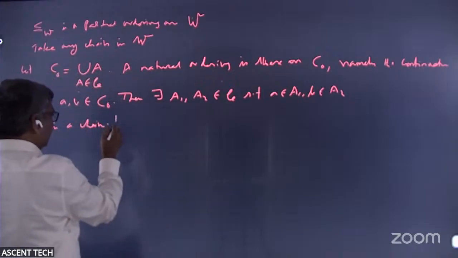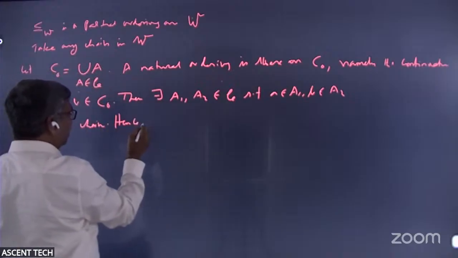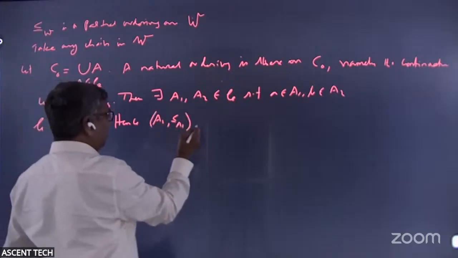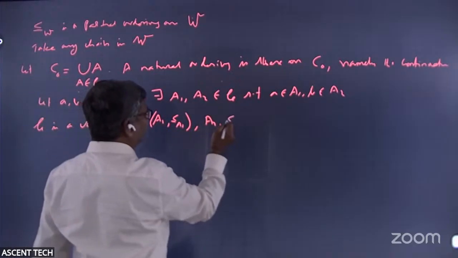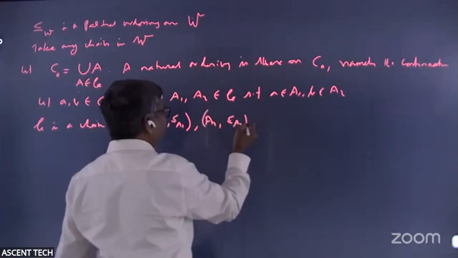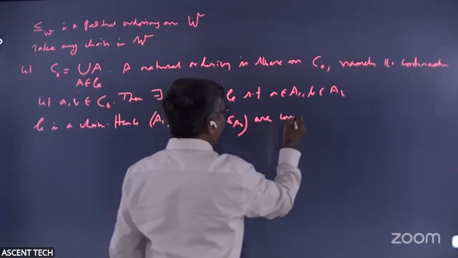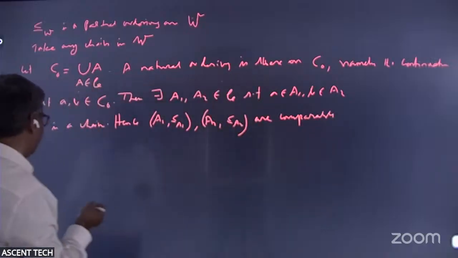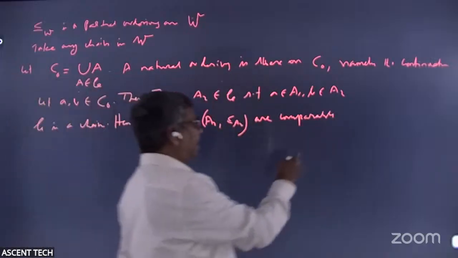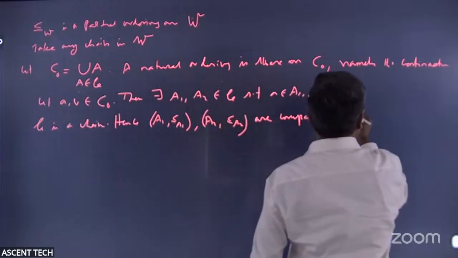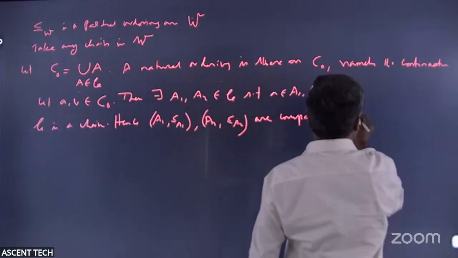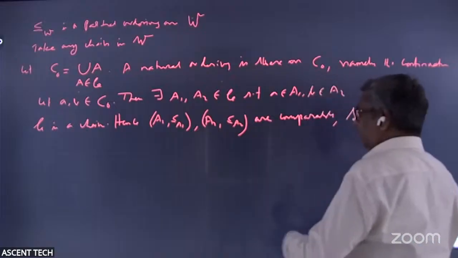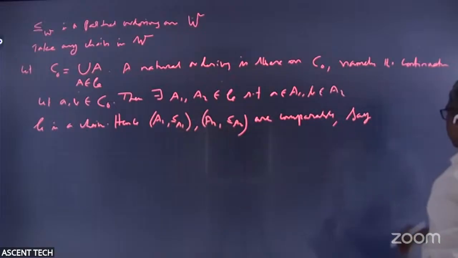Hence A1 with its ordering and A2 with its ordering are comparable. If they are comparable, one of them is smaller than the other. So you just figure out which one is smaller. It doesn't matter.